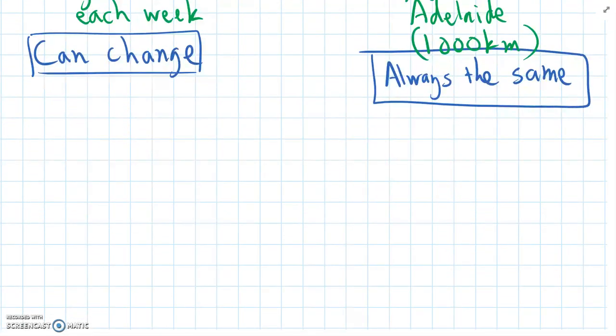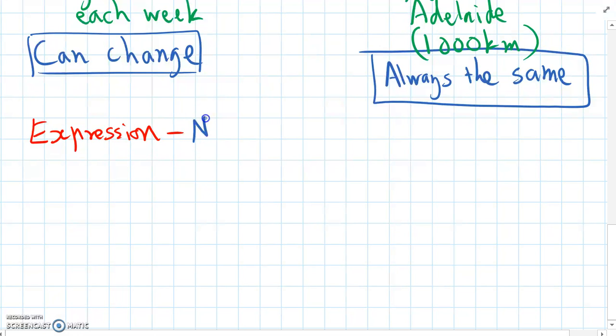The last thing we'll do now is look at how we can use pronumerals to build equations and expressions. So let's go back to, what does expression actually mean? What's an expression in maths? An expression is basically just a number sentence. We've been building expressions ever since we started learning maths. A really simple one is just 1 plus 1.